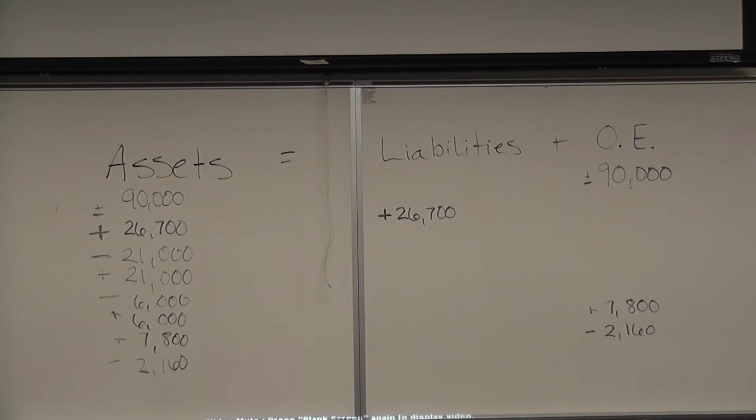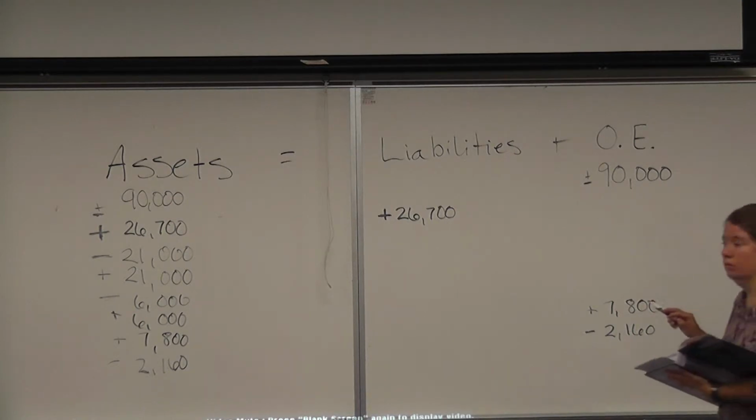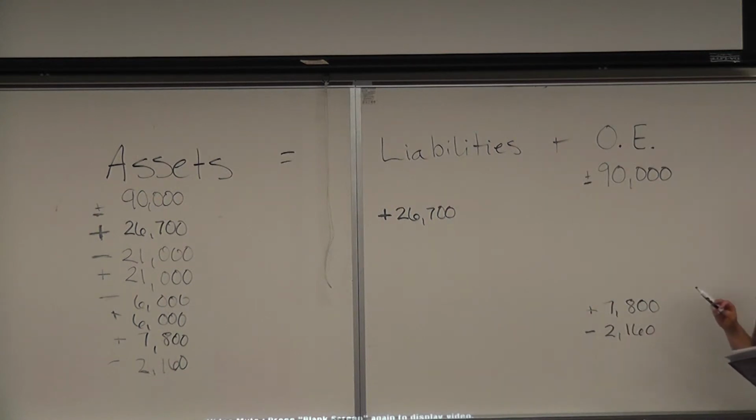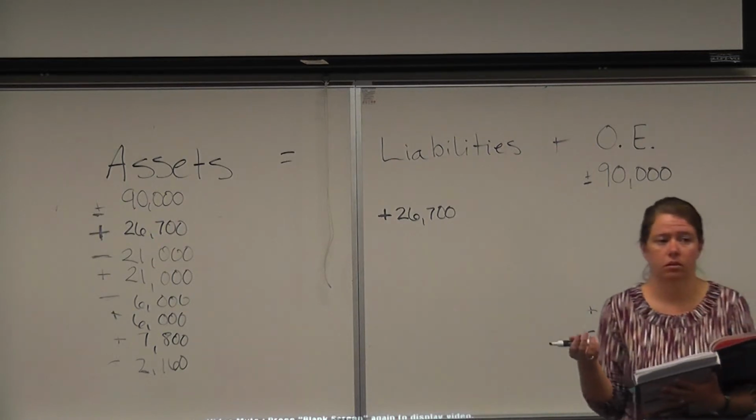Why would that one not just be a wash under the assets? Why is that one different than paying cash for supplies or rent? Utilities would be like your power bill. But it's still an expense, so it falls underneath owner's equity because you're actually subtracting from your owner's equity, because it's like a bill that you're paying. Utilities isn't an asset. Utilities is an expense, like your power bill or your phone bill.